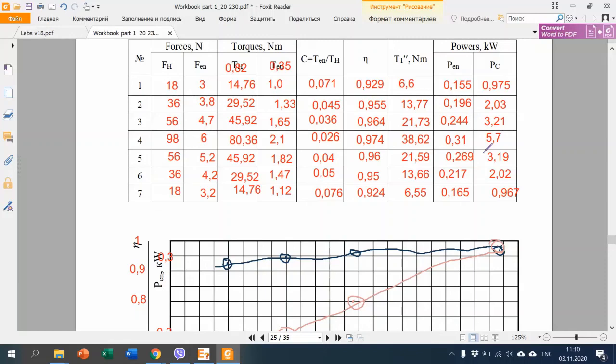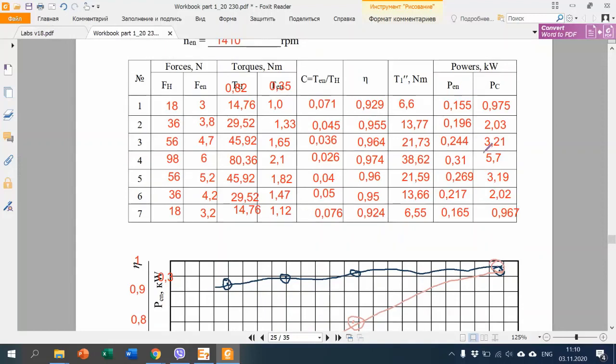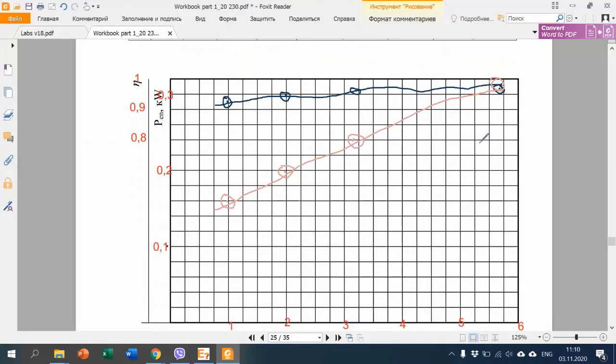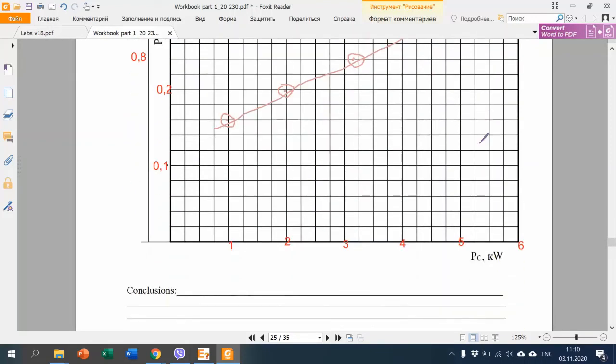Another gearbox, another set, but the result is the same. So it means that every time we must load as high as possible. So I think that if you write it, it's enough.